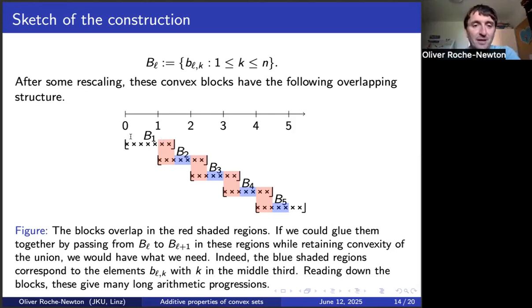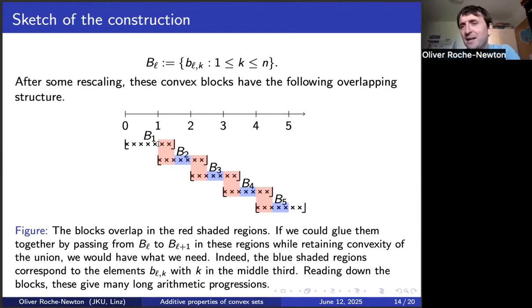So now, if you remember that these arithmetic progressions are actually convex sets, the idea is that we kind of glue these together. We move along B1, and then somewhere in this shaded red region, we'd find a way to pass to the next block in such a way that we keep the union convex.